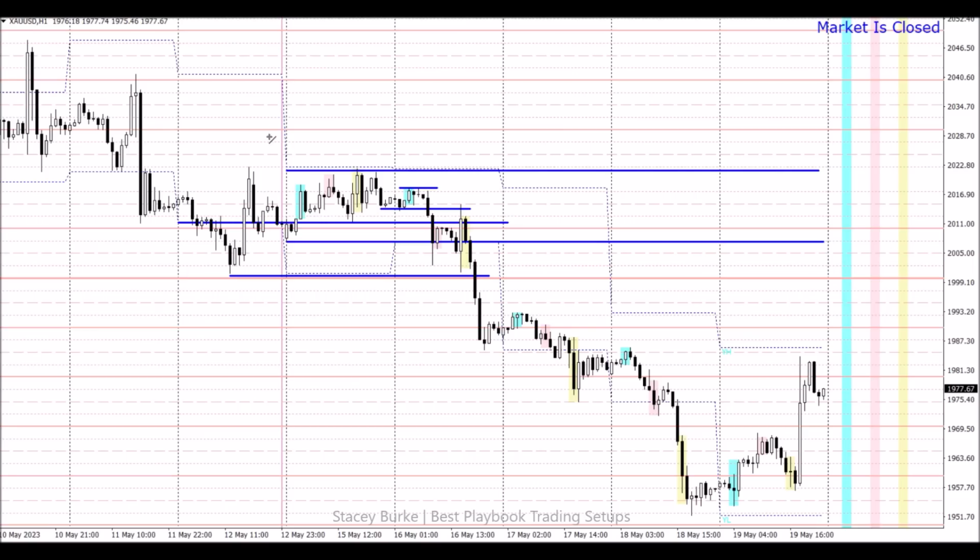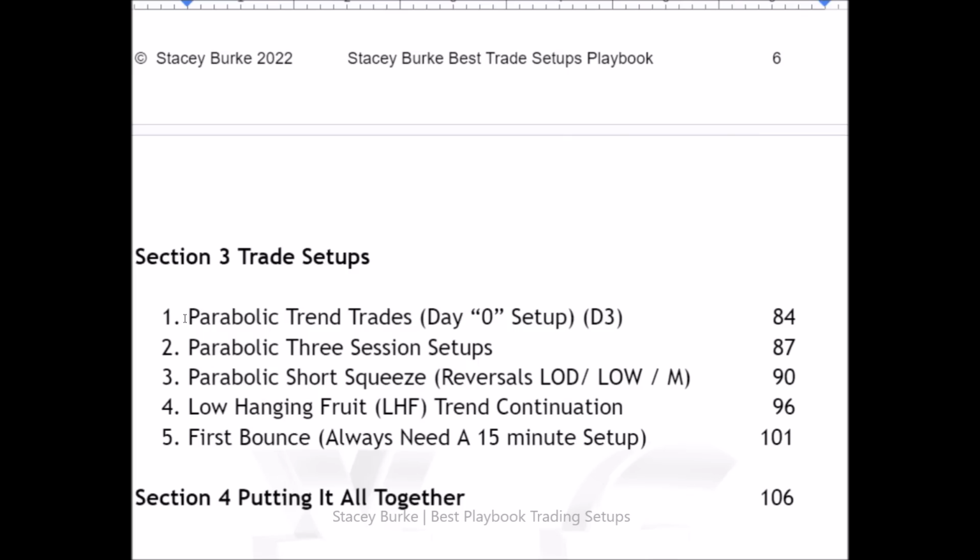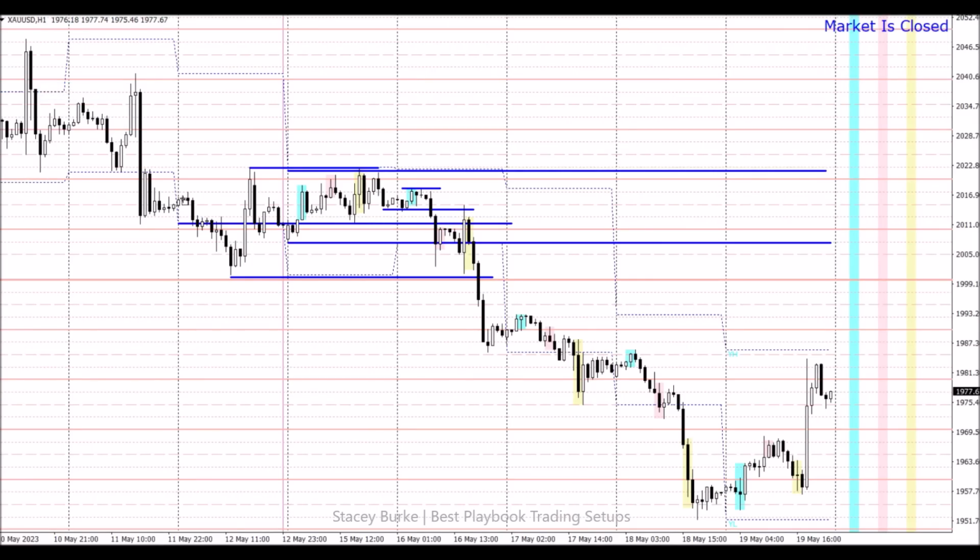And so now the same thesis applies. The 3-day day 0 setup. It can be 3 sessions, but when we get a 3-day day 0 setup, that can offer us significant opportunity for a measured move range expansion. Stepping back and visually identifying that you are in a box.